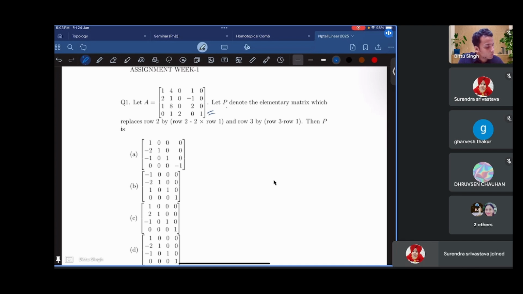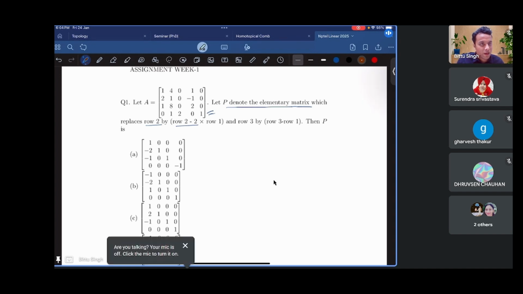So P denotes the elementary matrix which replaces row 2 by row 2 minus 2 times row 1, and row 3 by row 3 minus row 1. Then what will be the value of P? So let us see how to solve this problem.